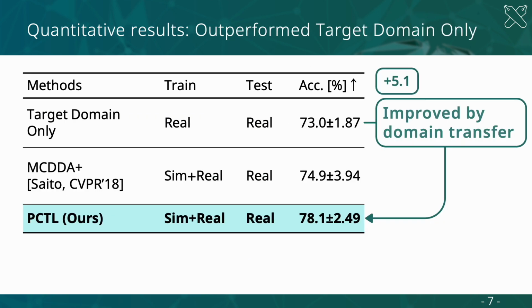Here are the quantitative results. Please take a look at the first row. This row shows the baseline condition in which we trained the model only on the real-world dataset. This baseline achieved an accuracy of 73%. Thus, PCTL outperformed this condition by approximately 5 points in accuracy.